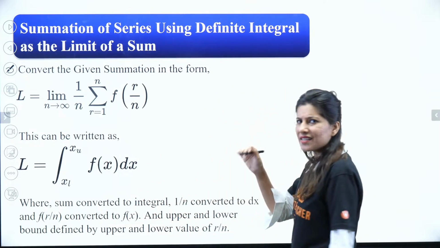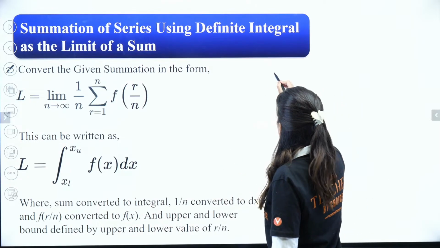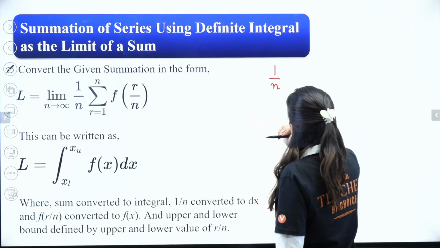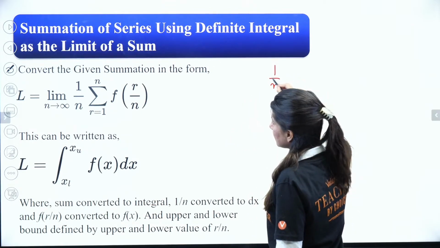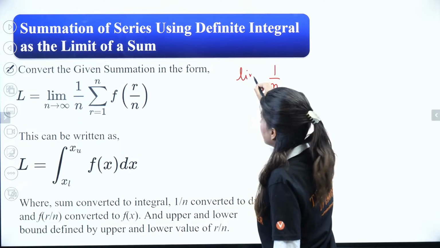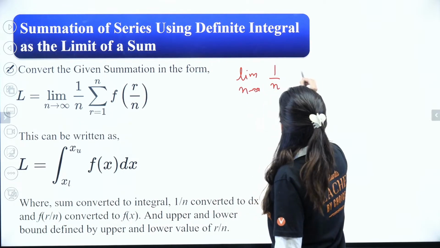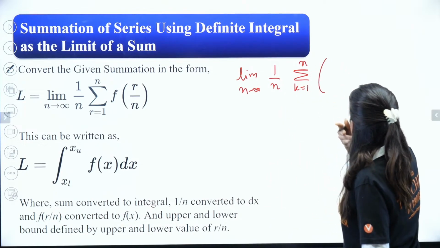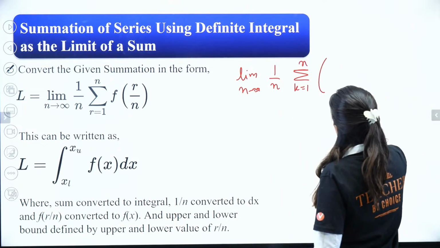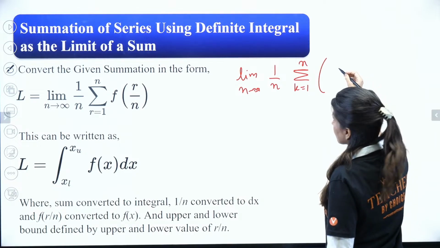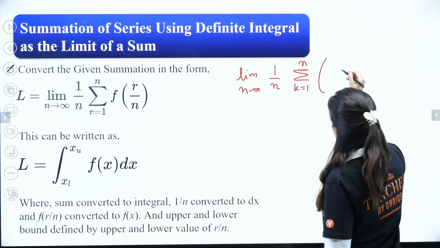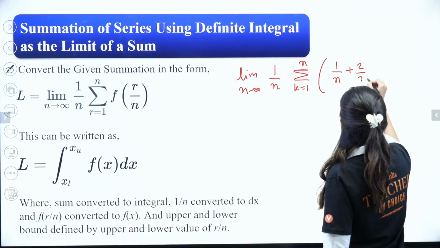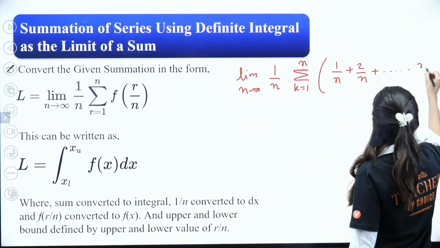So, let us understand with the help of a question. Suppose they are giving 1 upon n, and limit n tend to infinity, sigma k equals 1 to n, let's say 1 upon n plus 2 upon n and all the way up to n upon n.